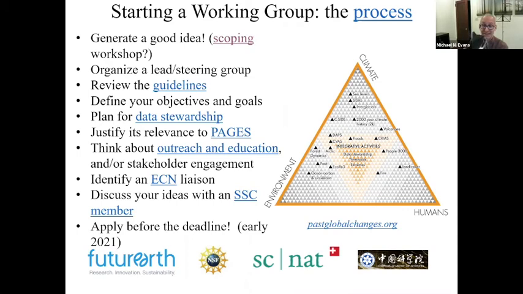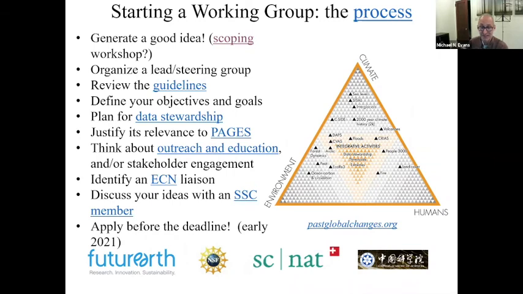So I would say, at the brainstorming stage, I would think really broadly, and then discuss and get feedback from your chosen PAGES SSC liaison, and yeah, so it's all possible. I'm having trouble giving you some other sorts of end products that fall outside of synthesis.